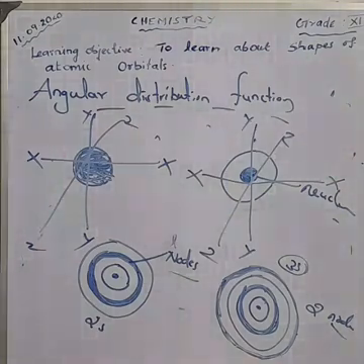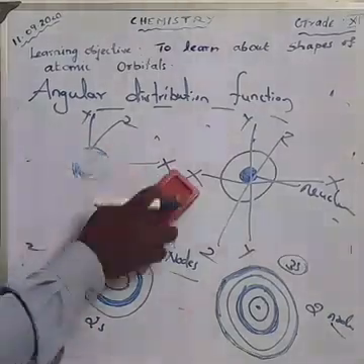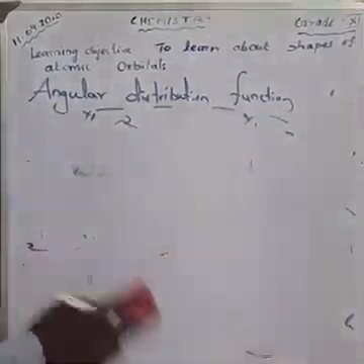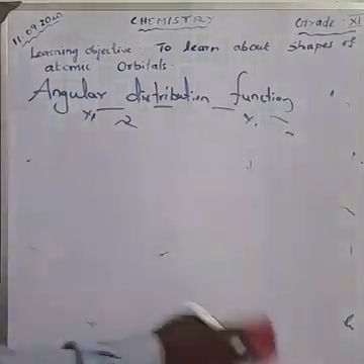Next, what are the 3 possible orientations of the 2p subshell, as I already told you? What are the 3 possible orientations for the 2p subshell?